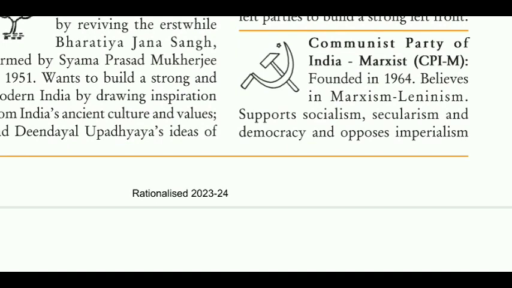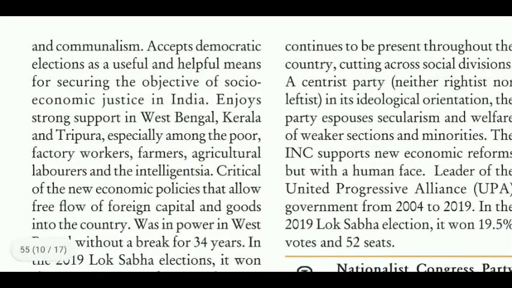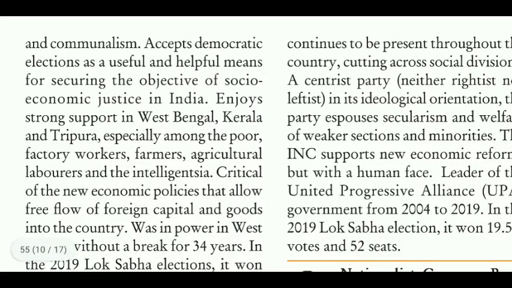Next is Communist Party of India Marxist, CPI-M, founded in 1964. Believes in Marxism-Leninism, supports socialism, secularism and democracy and opposes imperialism and communalism. Accepts democratic elections as a useful and helpful means for securing the objective of socio-economic justice in India.